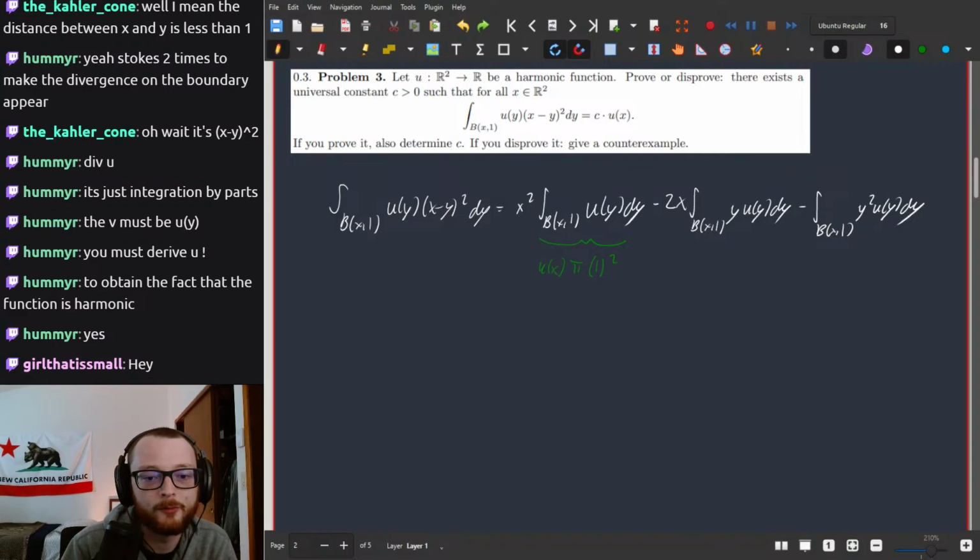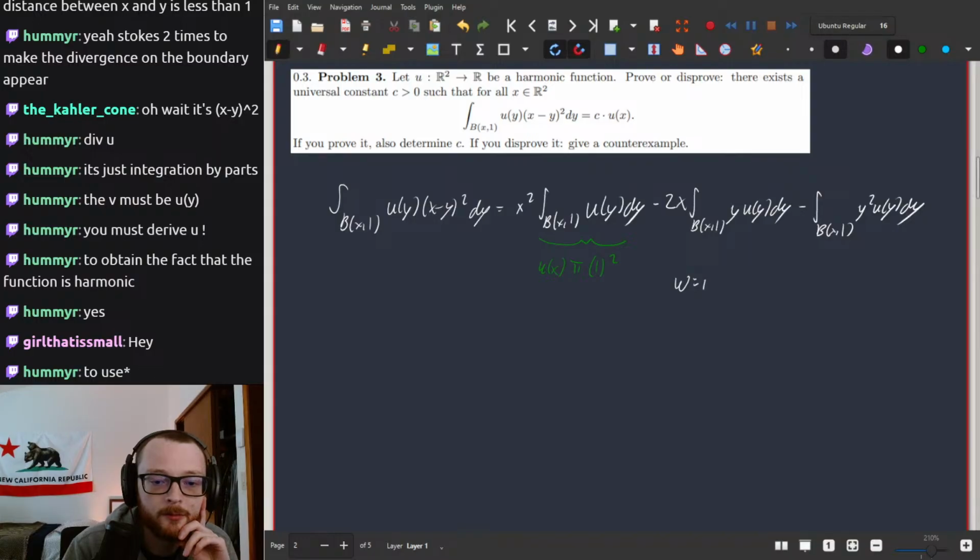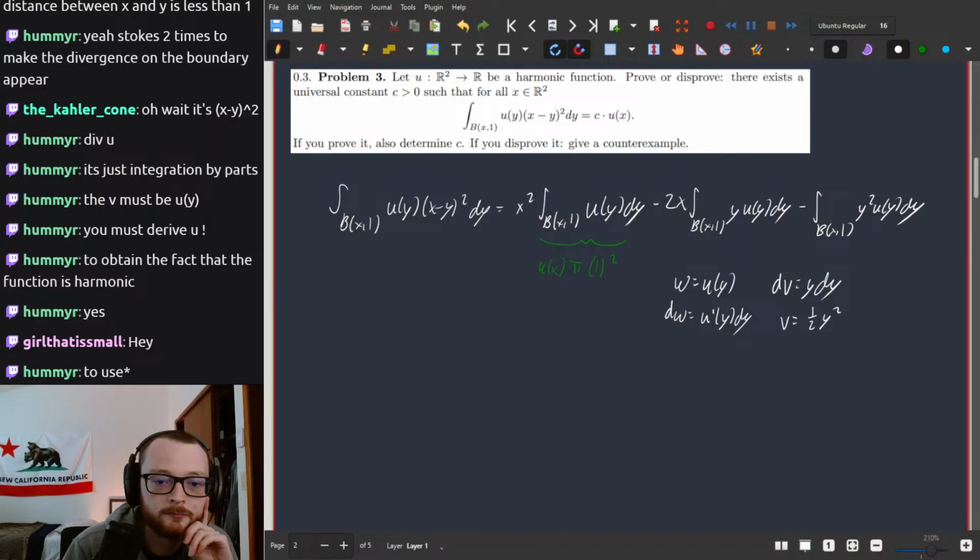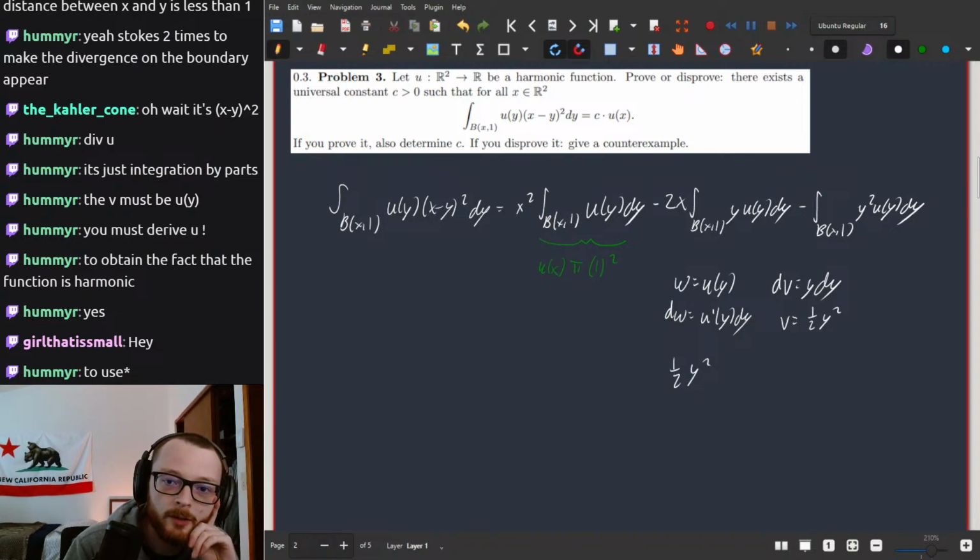This is terrible notation. I'm going to say w. No, there can never be a cancellation because of the x in front.